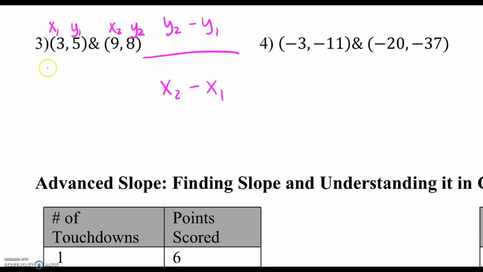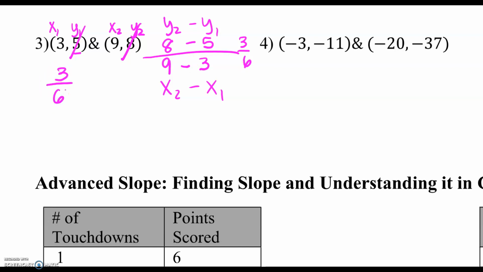So that's going to be 8 minus 5, and I cross them off. They should be the last one in the ordered pair. And then I started with 8, so I have to start with 9 minus 3. So 8 minus 5 is 3, and 9 minus 3 is 6. So I get 3 over 6.